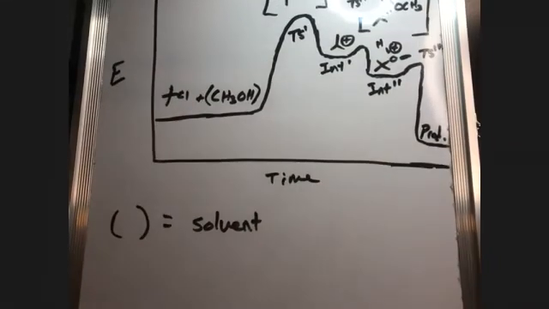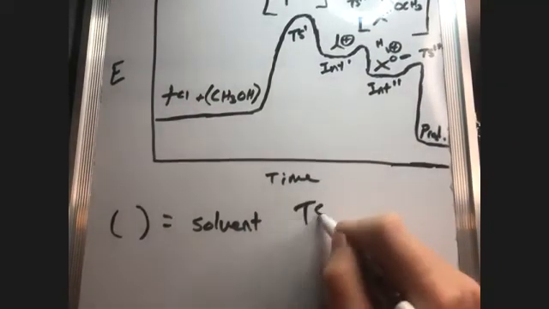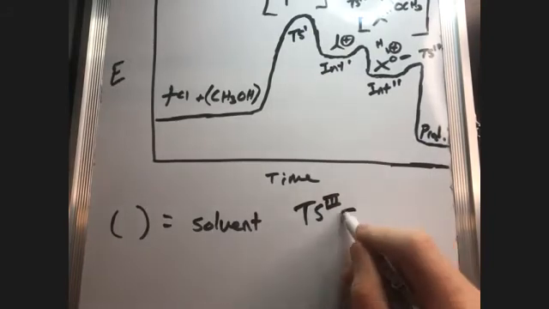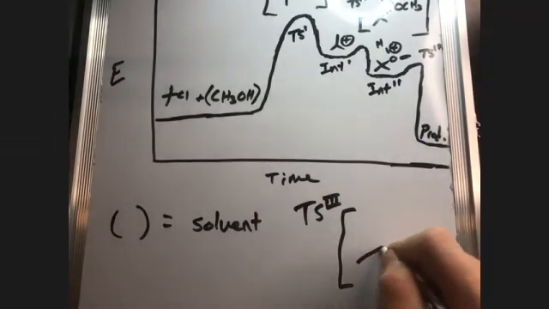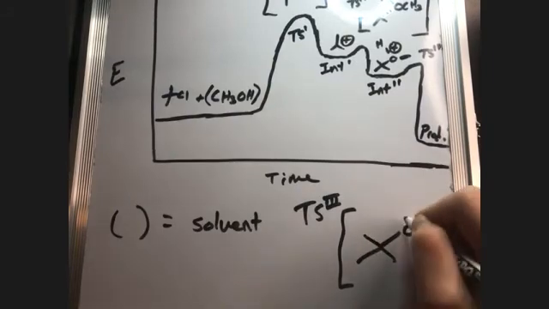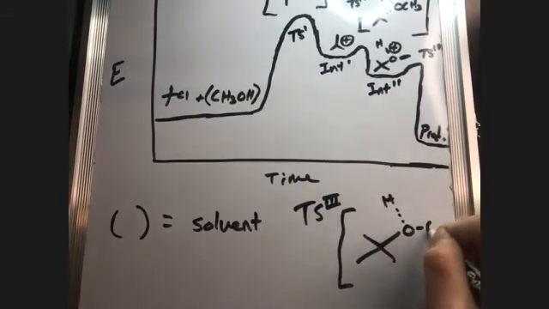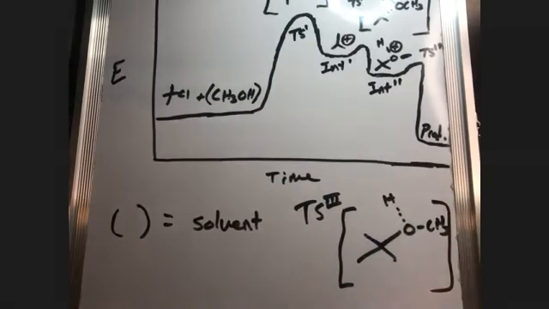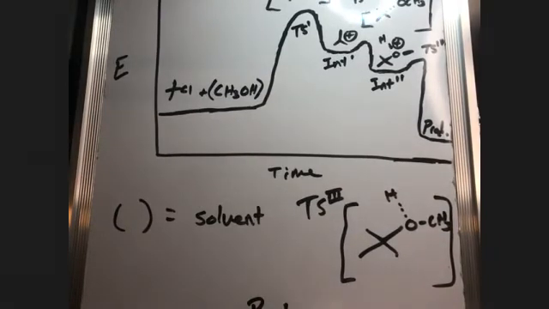So transition state 3 is the one where you cleave this bond. And then the products, which is probably off screen.